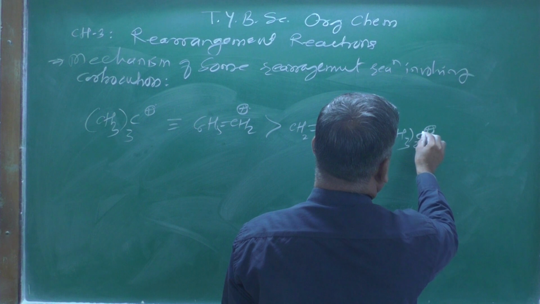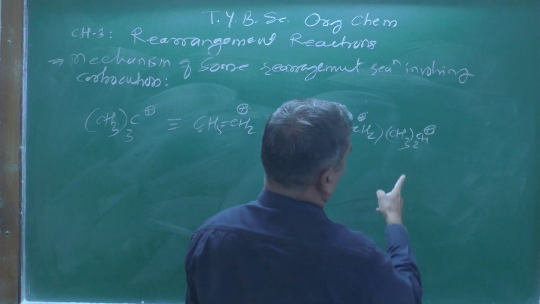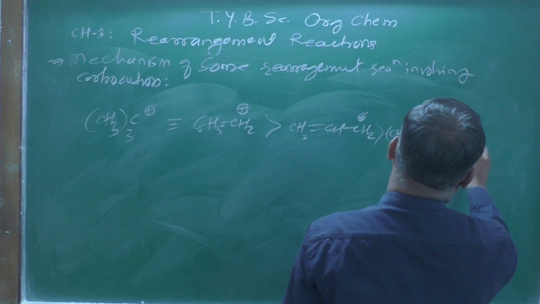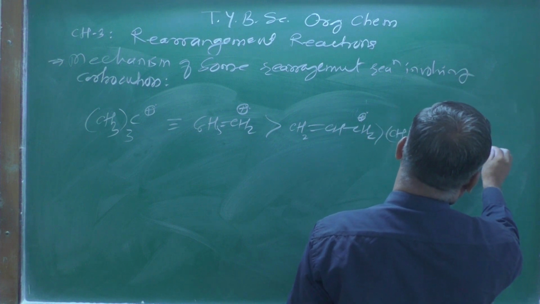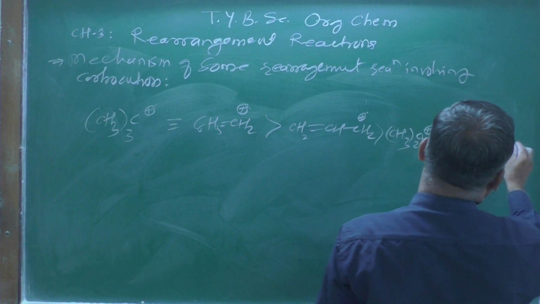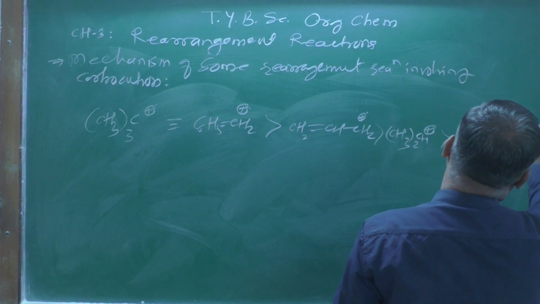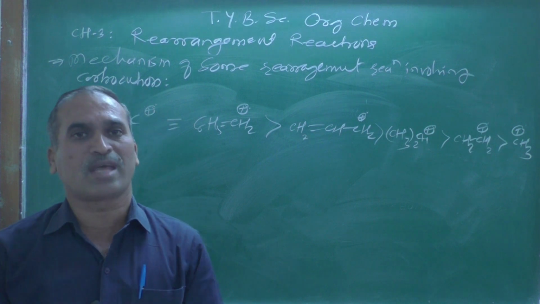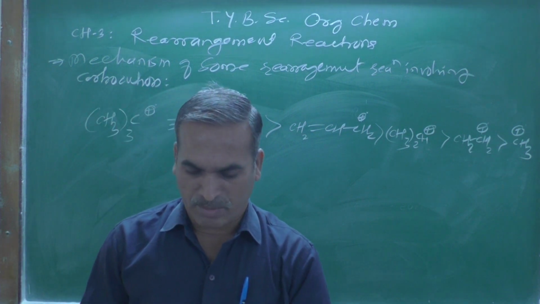Here you can put one hydrogen atom, then CH2 with a positive charge, and the last one is CH3. These are what we can call the stability order of the carbocations.